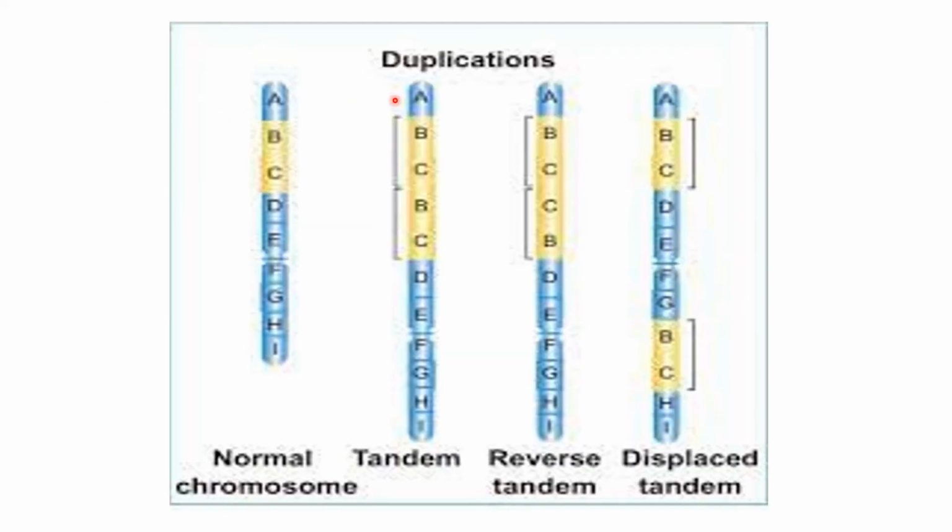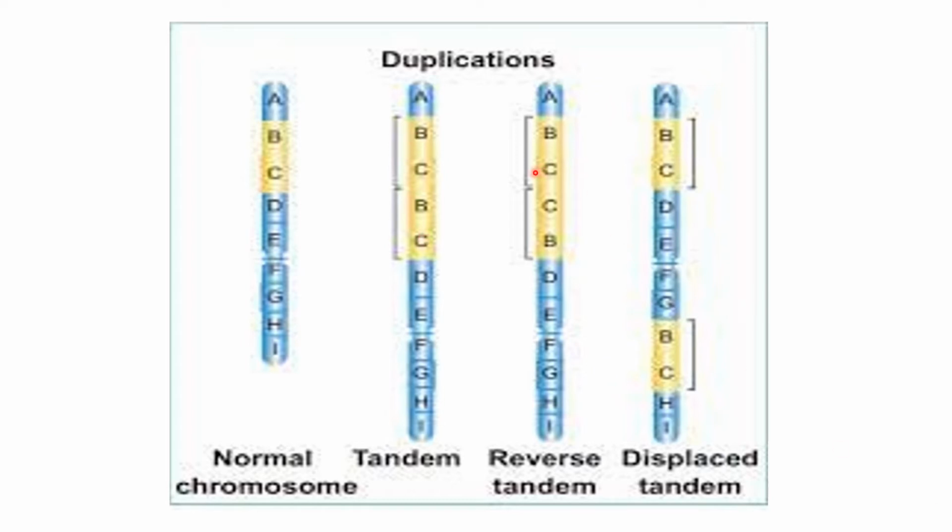This is a photomicrograph to show different types of duplications. This is a chromosome with segments A, B, C, D, E, F, G, H, I. Segment B and C undergo duplication. In tandem duplication, the duplicated segment lies next to the parent segment in the same order. That is, B and C is the parent segment and the duplicated segment B and C lies next to the parent segment.